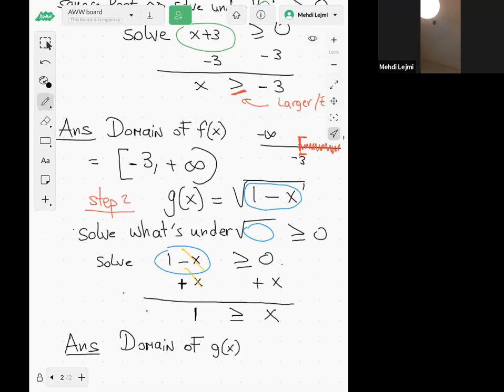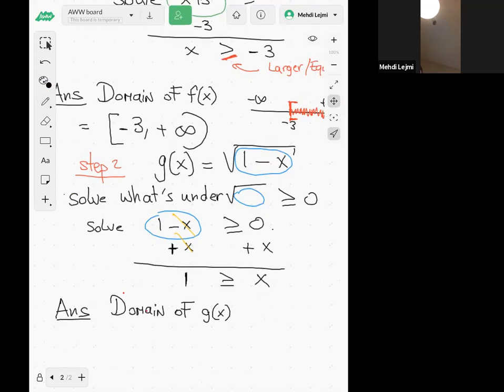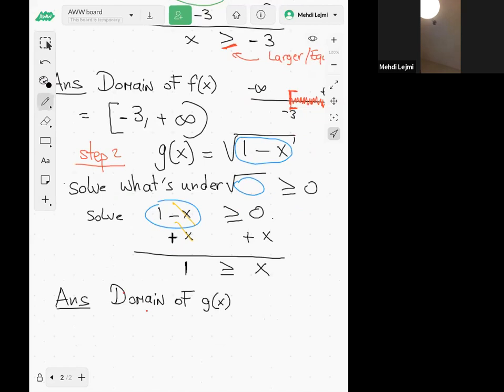So I'm gonna draw a number line for you guys so you can see what I'm talking about. Let's say here's 1, negative infinity, positive infinity. What we are saying is that 1 is larger or equal to x, which means that x is on the left side of 1, because 1 is larger than x.